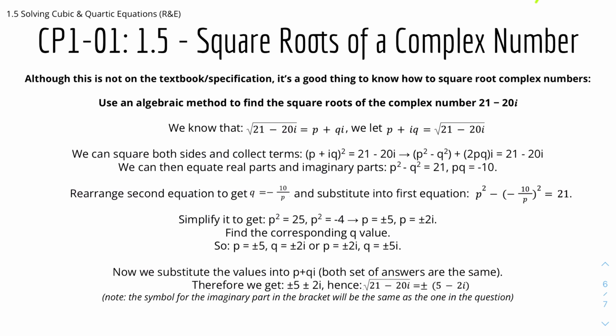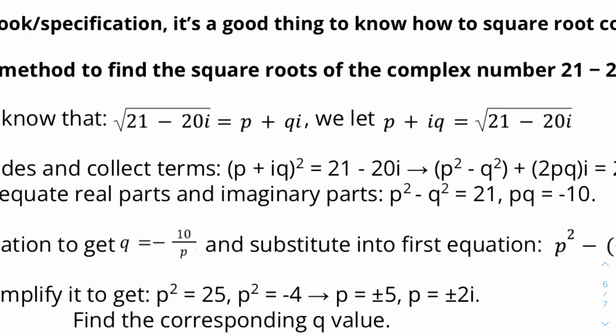And I'll just talk through this. So we know that the square root of a positive number will be a positive number, and the square root of a negative number will be equal to the imaginary unit. But the square root of a complex number will always be a complex number. So we know that the square root of 21 minus 20i will be equal to a complex number.